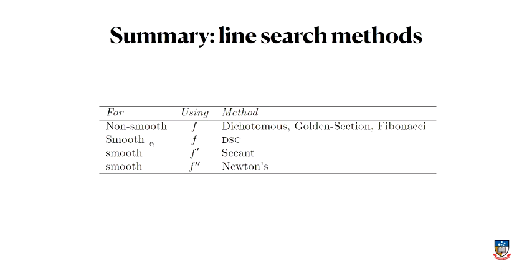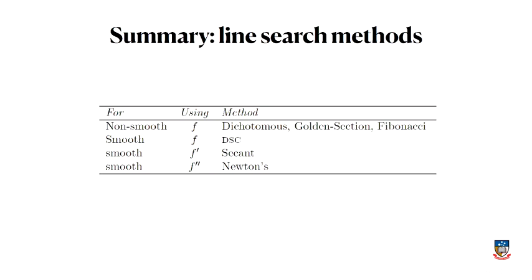Then next, if we have a smooth function, but I don't assume anything else about it, then I can use this quadratic search method, which is called the DSC algorithm. Essentially, you fit a quadratic to your function f, and then find the minimum of that quadratic all the time. And if I know a little bit more, if I know f prime, I can use the secant method because I can approximate the second derivative.